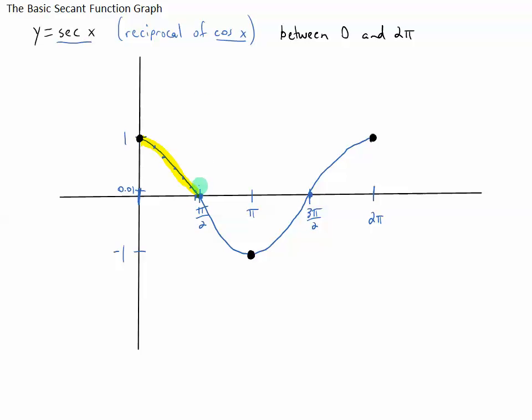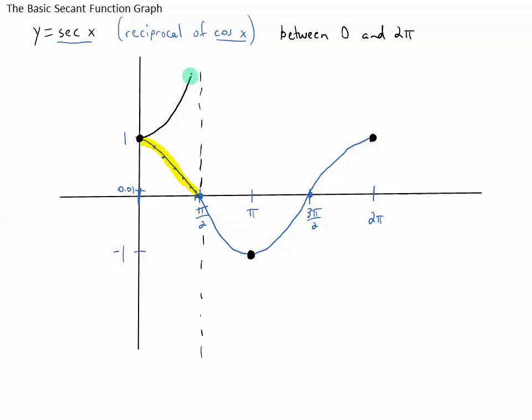So what ends up happening is at pi over 2, secant has this vertical asymptote. I can't touch this asymptote because we already know at pi over 2 secant's undefined. But as my x values get close to pi over 2, the cosine y values get close to 0, which means my secant y values get really big.